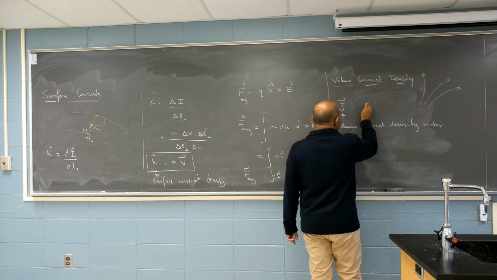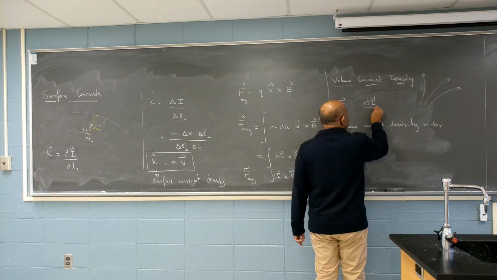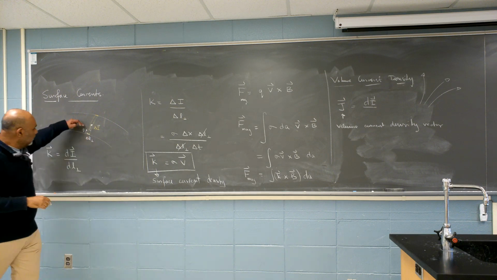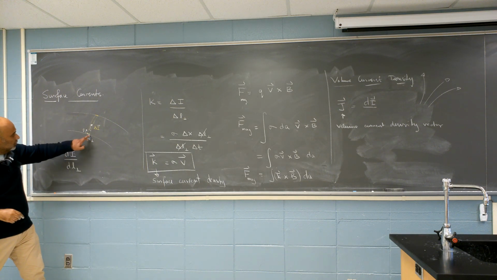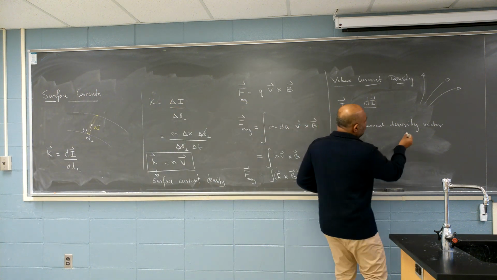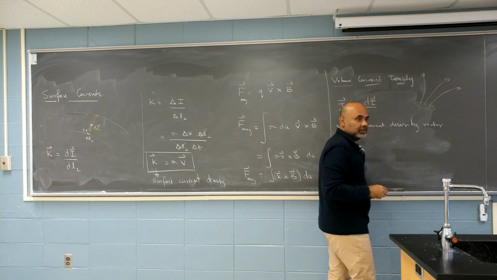This is defined to be I divided by, look at this, it's one dimension lower, right? This is area current, so you divide by the perpendicular length. So over here, what is the perpendicular feature? It's a surface.